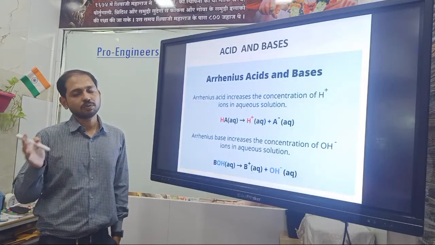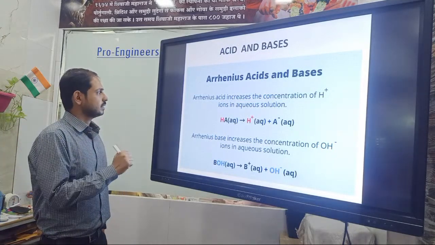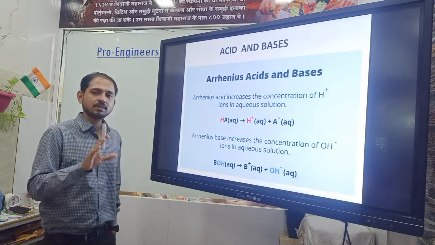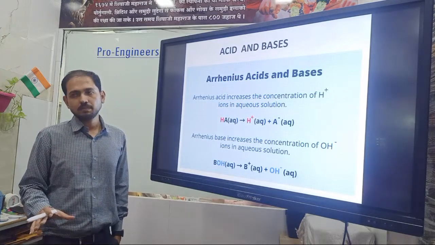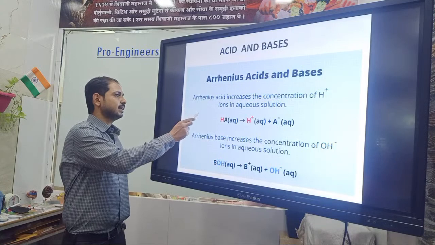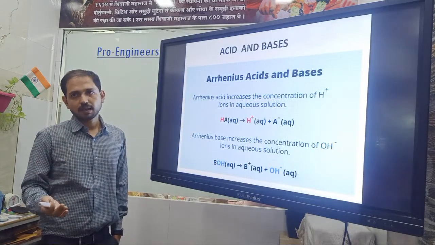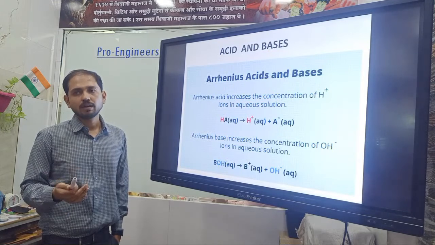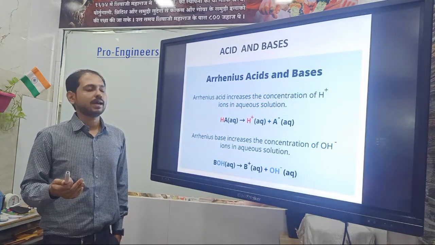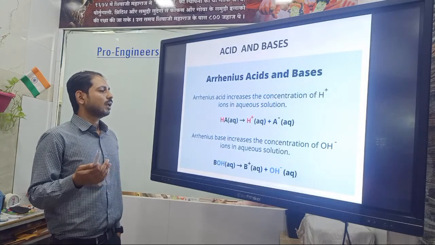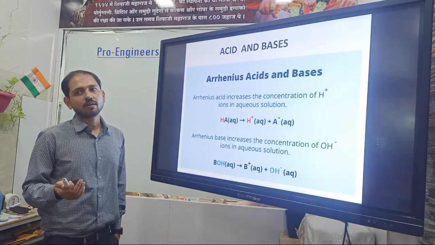It is the simplest concept, where according to Arrhenius, the species which give H plus are called acids and the species which give OH minus are called bases.